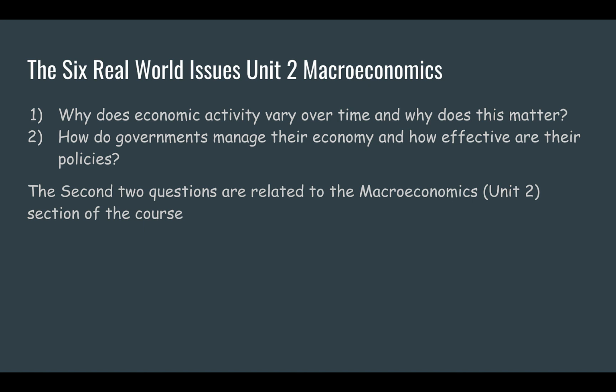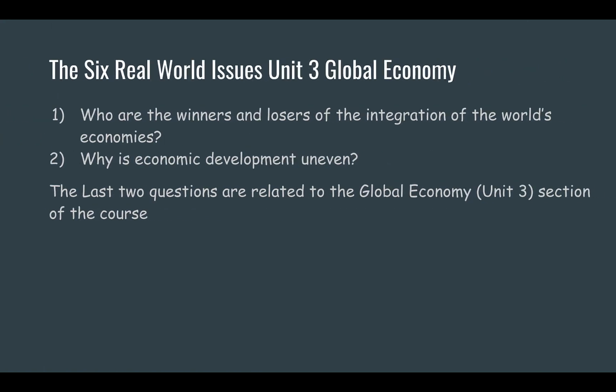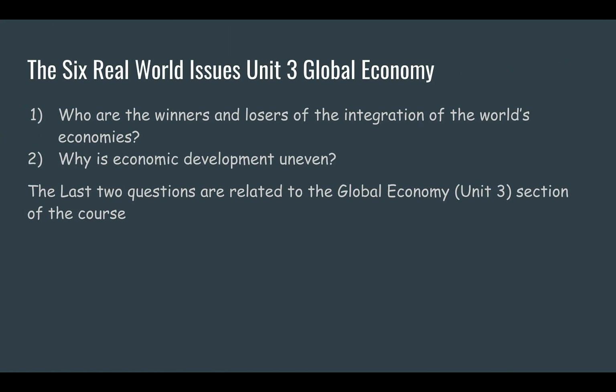It matters big time. We have models of why it varies, but we really still don't know. How do governments manage their economy, and how effective are their policies? All of those are in macroeconomics, which is the current Unit 3 in the new course. And the last two, who are the winners and losers of integration of the world economies, and why is economic development uneven, are in Unit 4, the global economy.